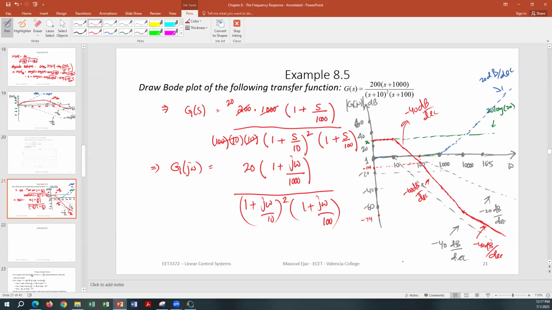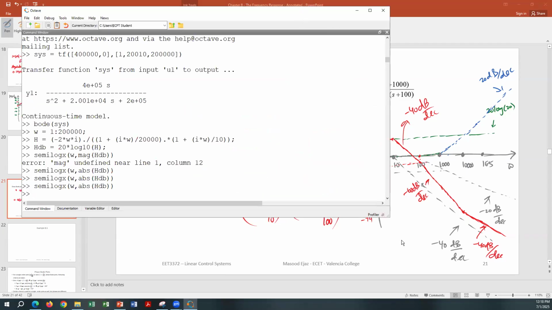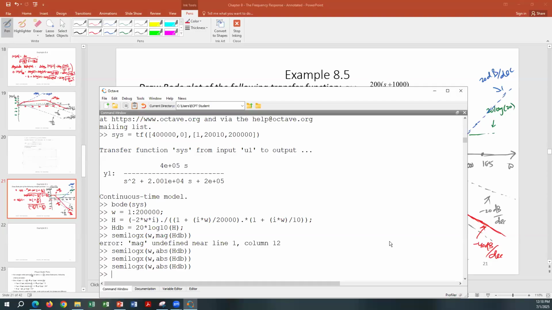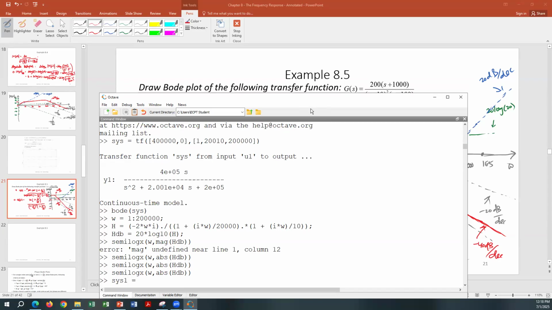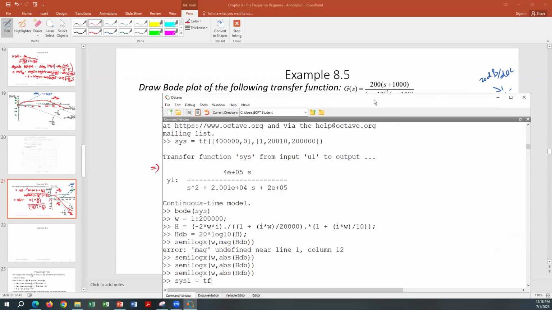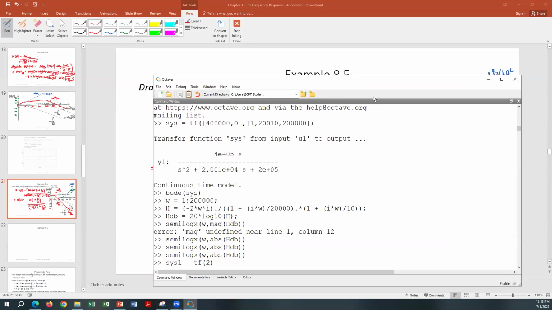Let's use the Bode function and see how it does it. All right, so we have 200s, and then 200 times 1000.